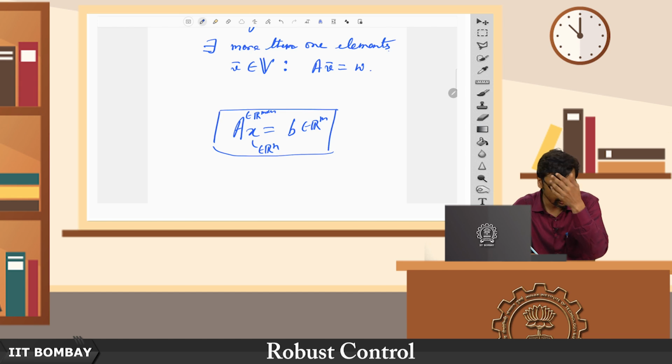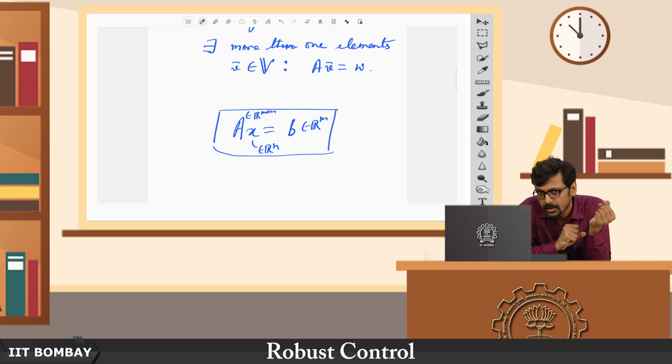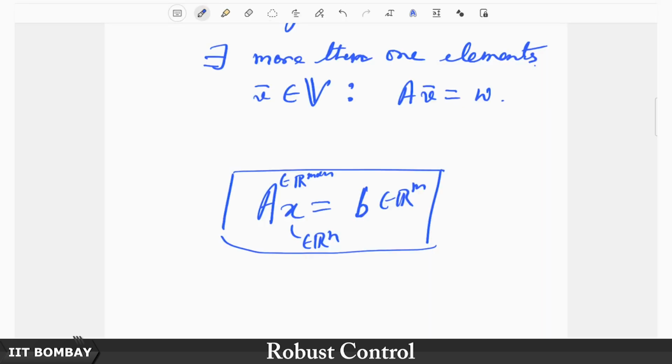If this had to have a solution, then of course b needs to belong to the image of the matrix A. The matrix is the same as a linear map over Euclidean spaces like R^n. Therefore, the existence of the solution is predicated upon the linear map being onto, or surjective. The uniqueness of the solution is predicated upon the linear map being one-to-one.